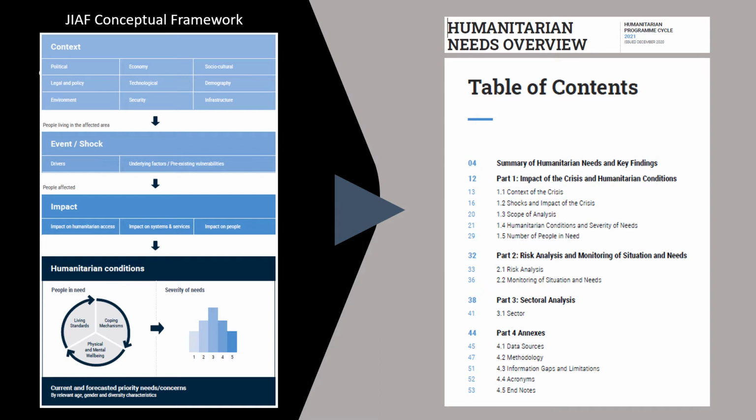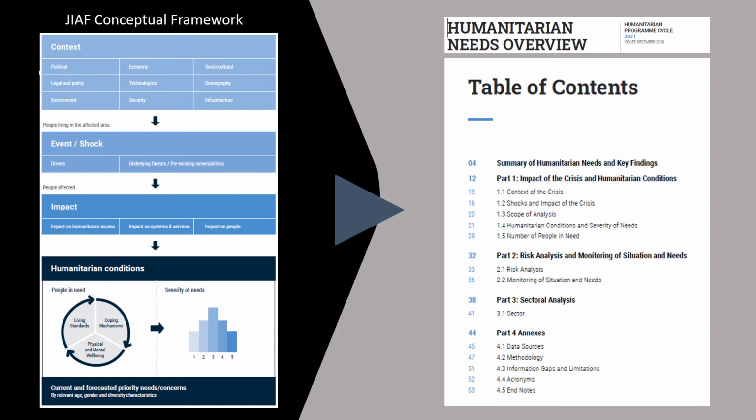The 2 key functions of the analysis of these first 3 pillars, context, shock, and impact, are to set in the JIAF and define in the HNO the scope of analysis. The other main function is to enrich the analysis and influence the final conclusions of the HNO in terms of severity, PIN, and projections.